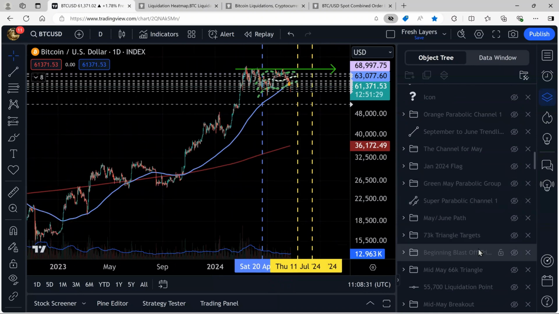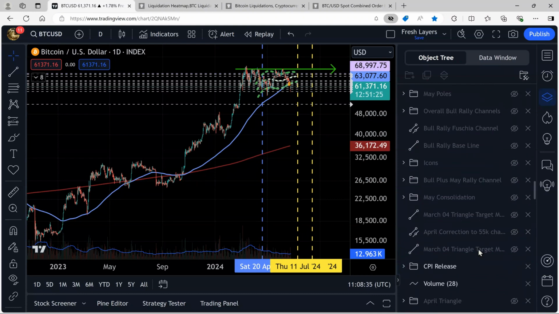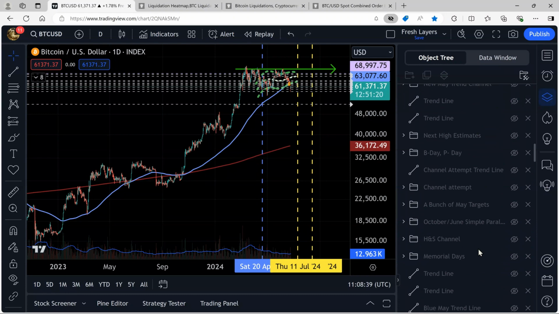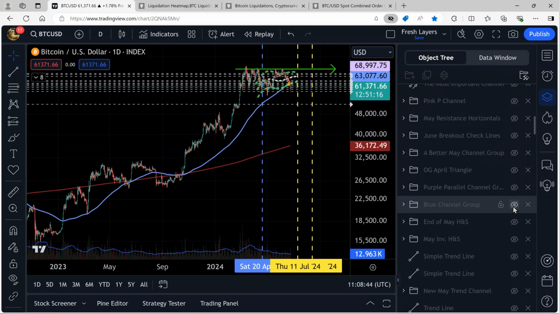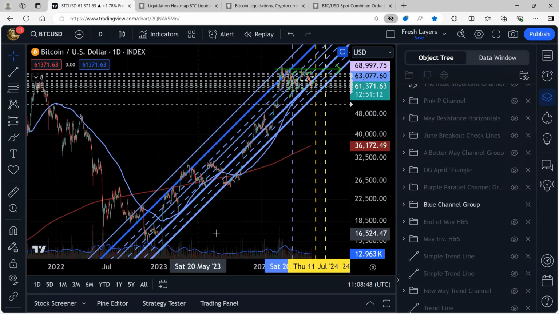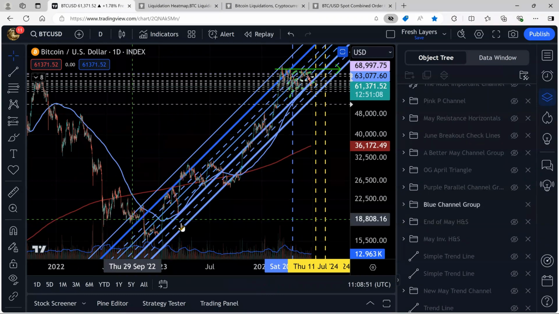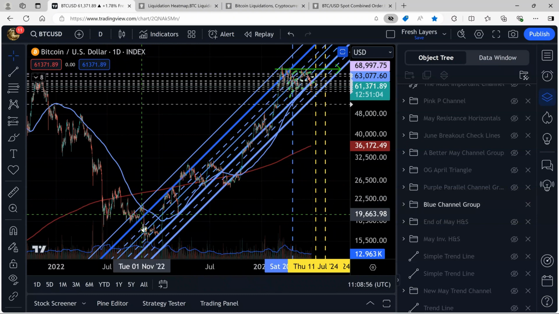Now, what I want to do is turn on my blue channels. Where are they? Our blue channels are right here. These are the channels we've been traveling in since September of 2022, prior even to the FTX collapse, which was right there.